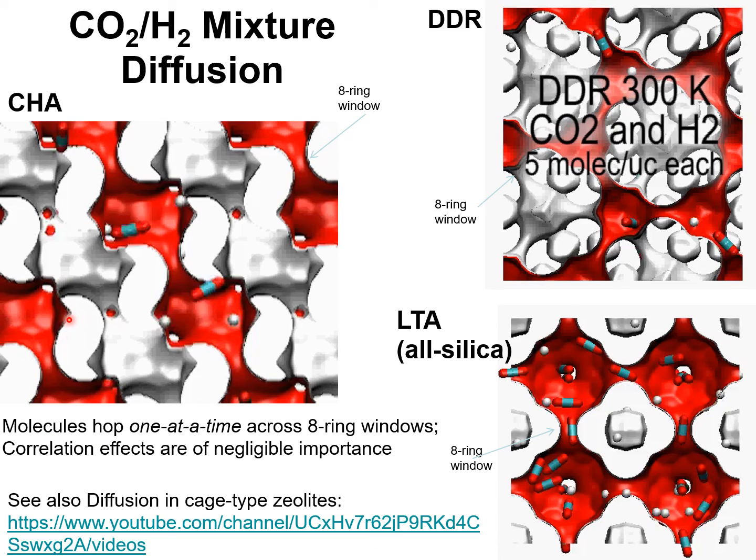Slowing down effects in mixture diffusion, as illustrated in the foregoing slides for MFI zeolite, are of negligible importance for a certain class of zeolites that consist of cages separated by narrow 8-ring windows.